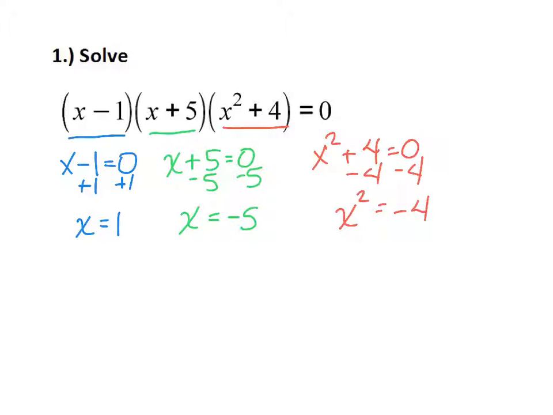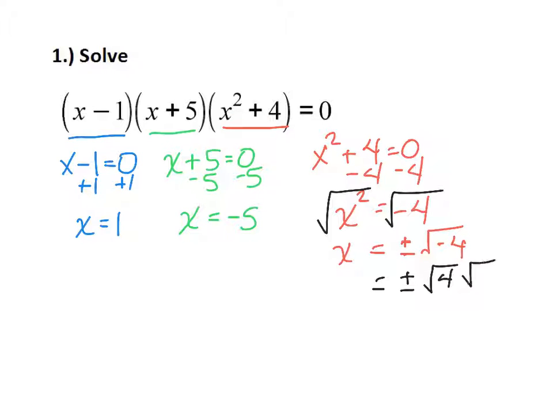All right, I'm going to take the square root of both sides. That will give me just x on the left side equals plus or minus the square root of negative 4. Okay, I'm going to rewrite that right-hand side. I still have the plus or minus, and I'm going to rewrite that as the square root of 4 times the square root of negative 1.